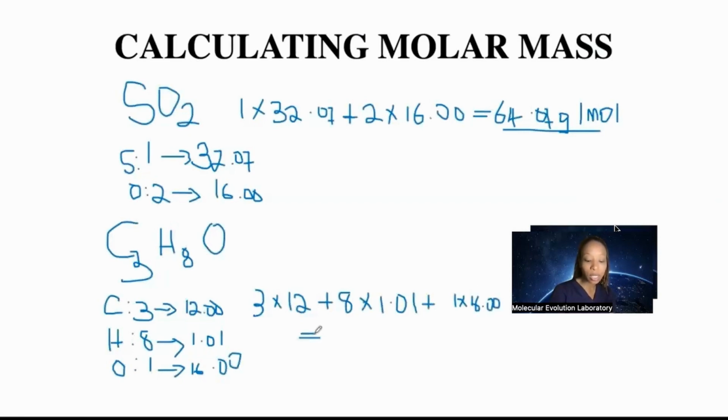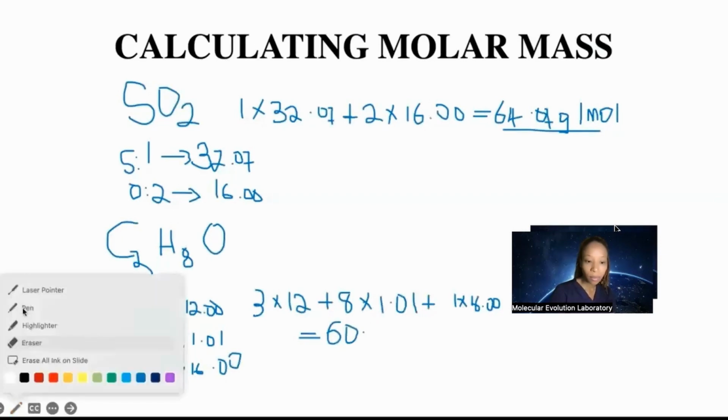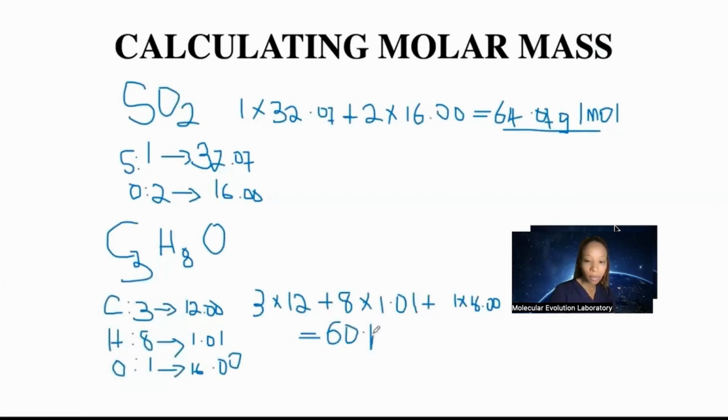This gives us 60.11 grams per mole, which means that 1 mole of C3H8O weighs 60.11 grams.